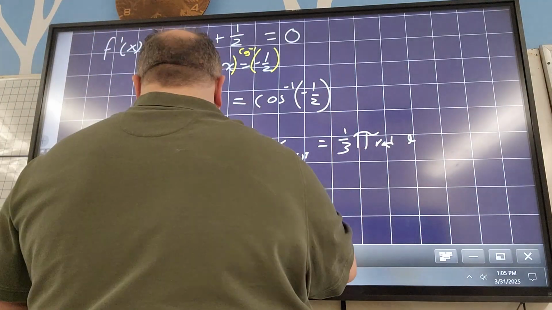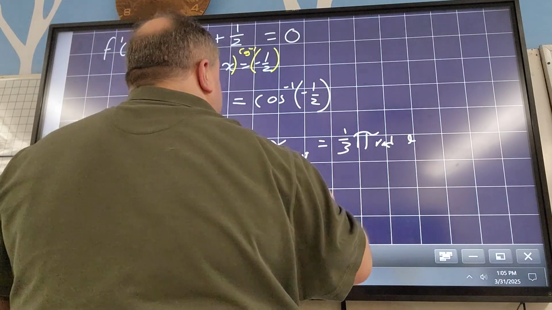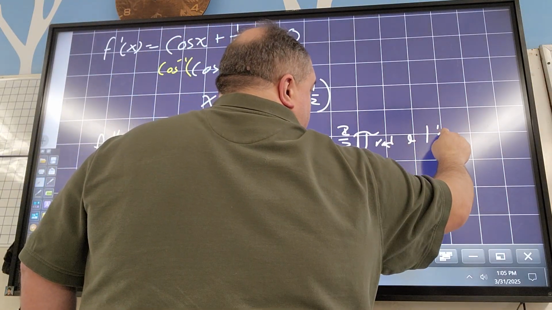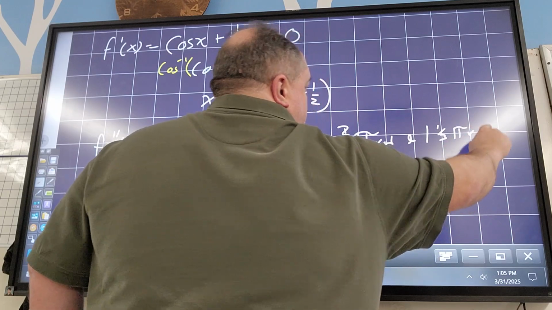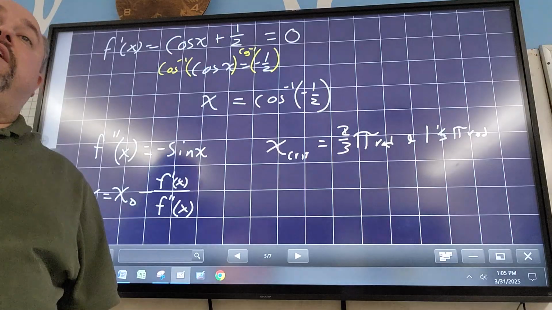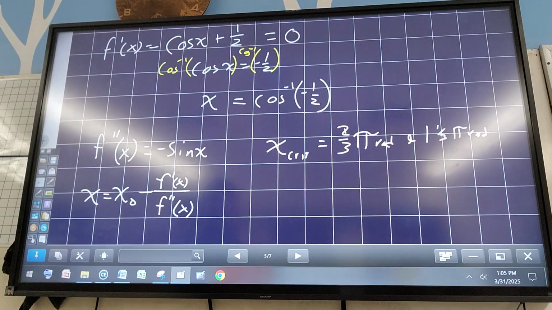Why do we keep saying 2? This was 2/3. So those are our zeros, but we were trying to find where this is increasing and decreasing in our domain. So what do we have to do from here?